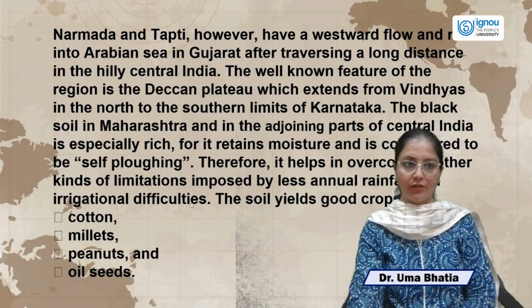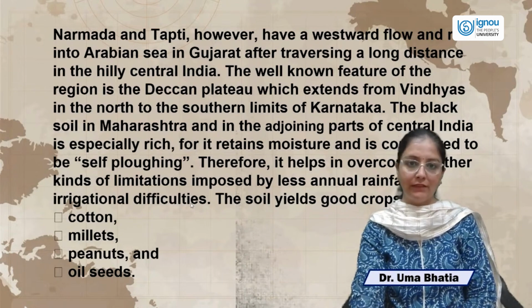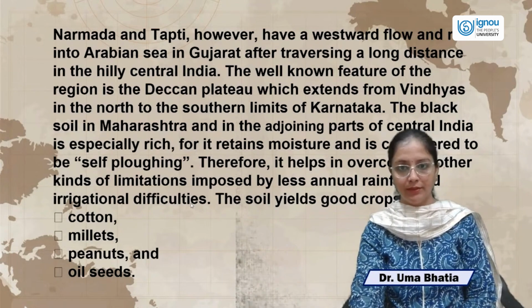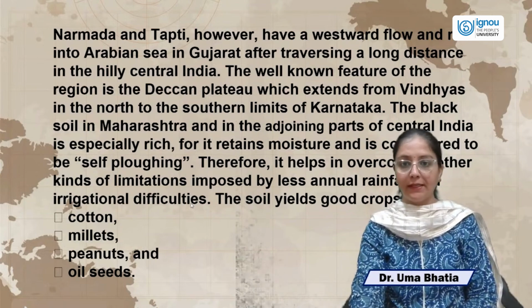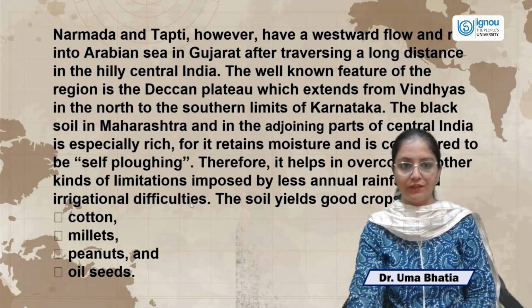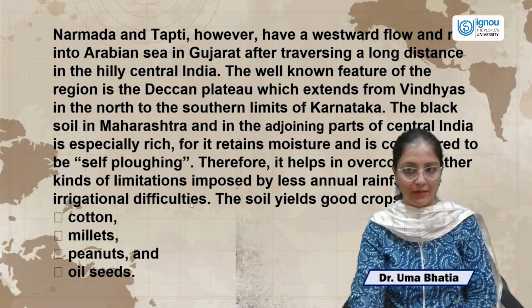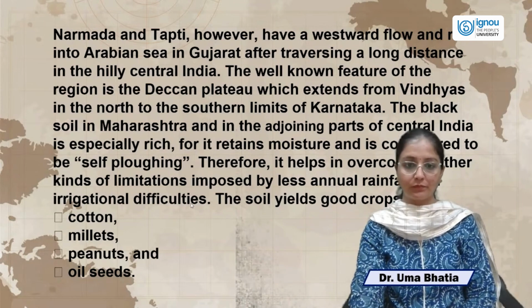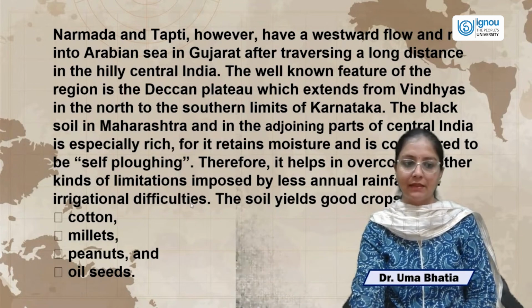The well-known feature of the region is the Deccan Plateau, as you have all heard, which extends from the Vindhyas in the north to the southern limits of Karnataka. The black soil in Maharashtra and adjoining parts of Central India is especially rich for its retained moisture and is considered to be self-ploughing, and the soil yields good crops of cotton, millets, peanuts, and oilseeds.